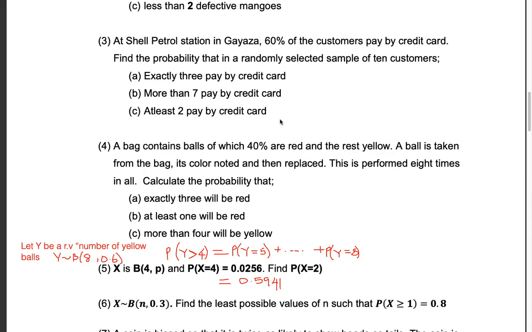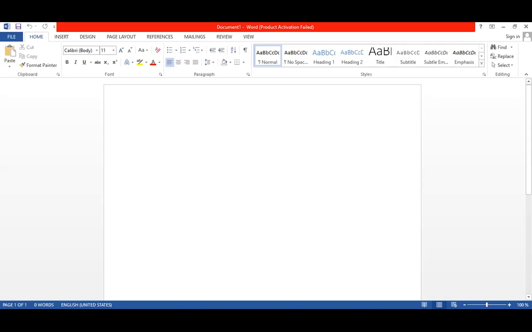Mr. Nirinda, can you allow me to have a screen? Okay, I'm just going to use Microsoft. So individual probabilities, these ones are referring to the exact probability.